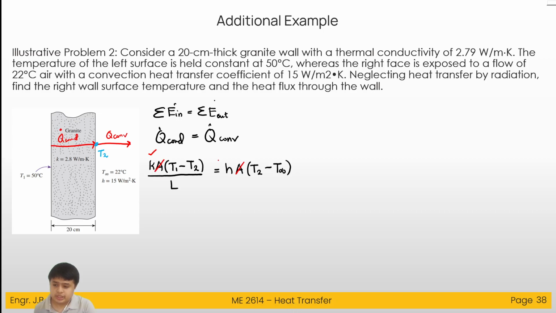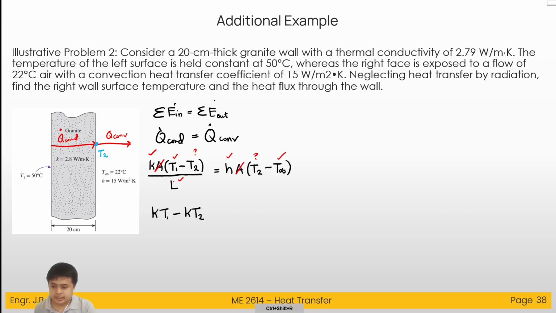So we already know the k here, the h here is given, the length is also given. We know the temperature T1, we have T infinity as well. We can find T2. So you can already use directly your calculator to solve for this. But if we do this analytically, we can simplify this. We have to just distribute the k. So we have kT1 minus kT2.